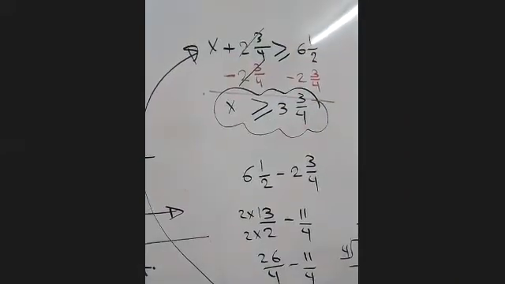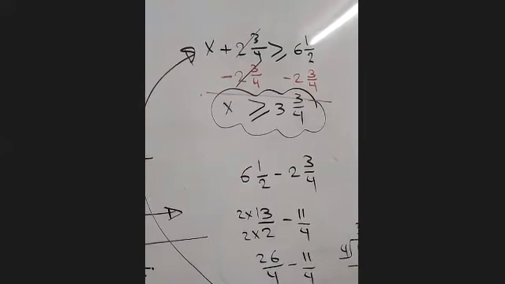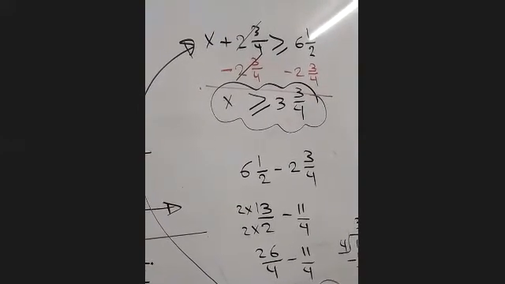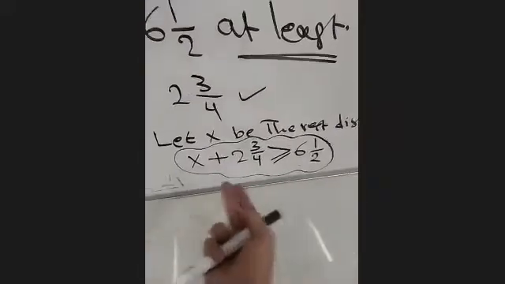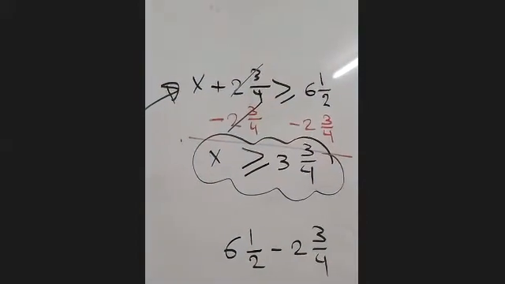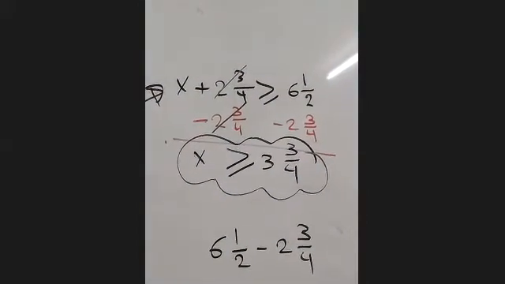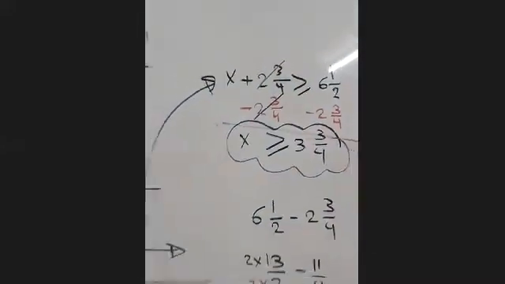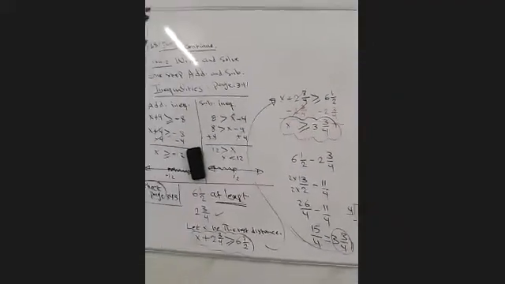Is there any problem? I mean that we have to rewrite x plus 2 3 over 4. Yeah, because here it's already done, so I rewrite it here. The question, I rewrite it here. Okay, thank you. Yeah, good boy.